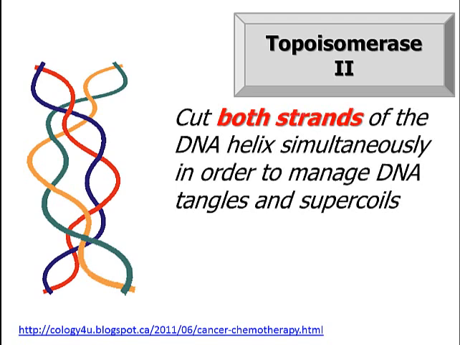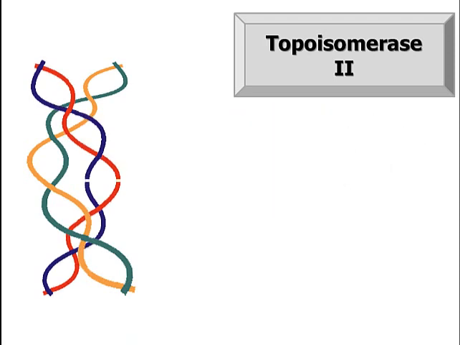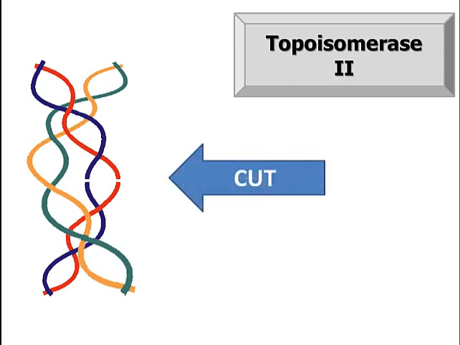Topoisomerase 2 cuts both strands of the DNA helix simultaneously in order to manage DNA tangles and supercoils. As you see, both strands are cut.